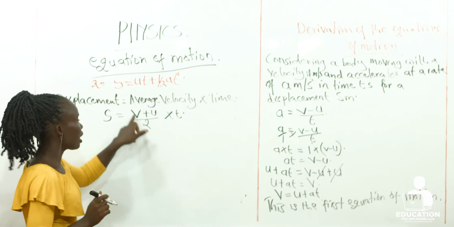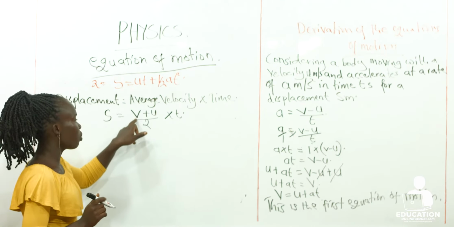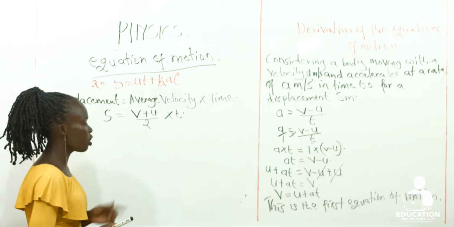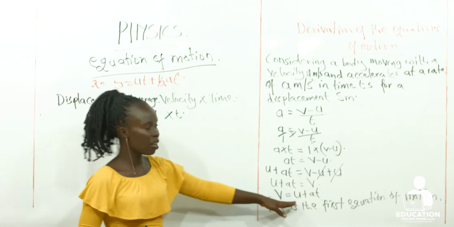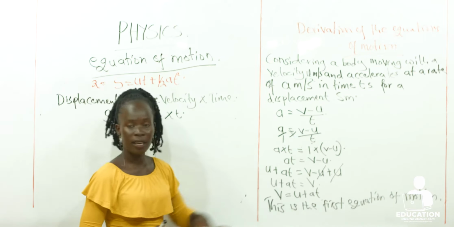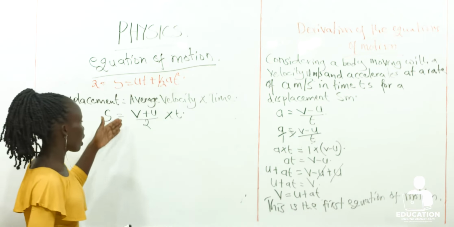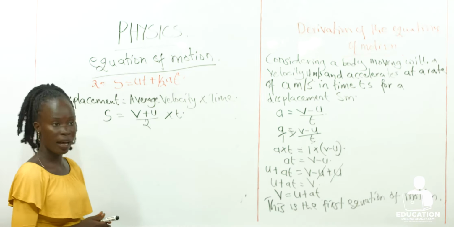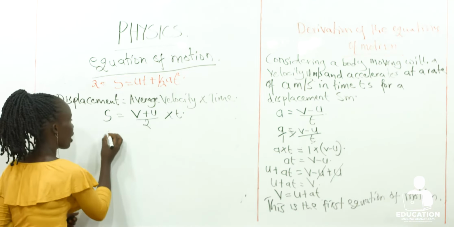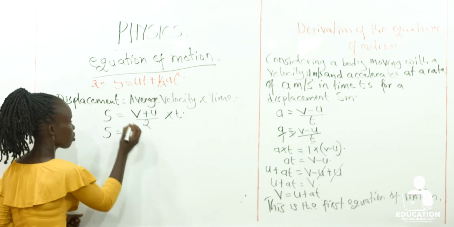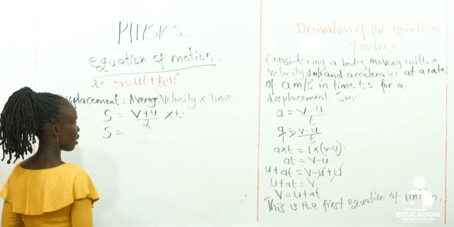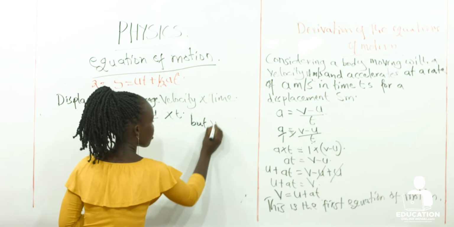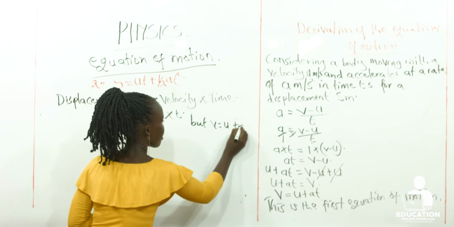So to eliminate this, how will you eliminate it? If you go back to our first equation, you see that we have the value of v as u plus at. So we shall eliminate it that way by substituting its value right here. So we shall have s is equals to, instead of writing v, you write this, but our v is equals to u plus at.